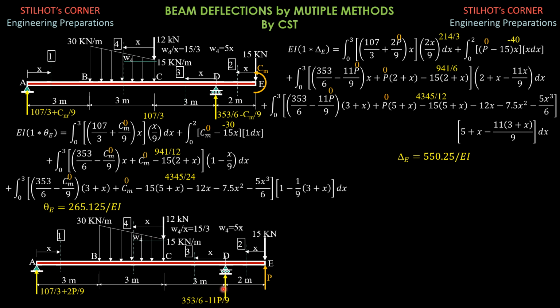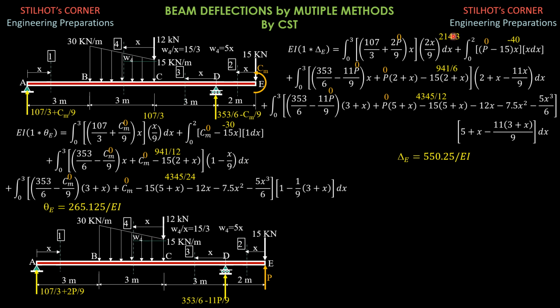So it is negative 11P over 9 for the reaction at D. Integrating, EI times 1 times delta E equals integral of quantity 107 over 3 plus 2 over 9 of P times x. Derivative with respect to P, 2 over 9 x dx.